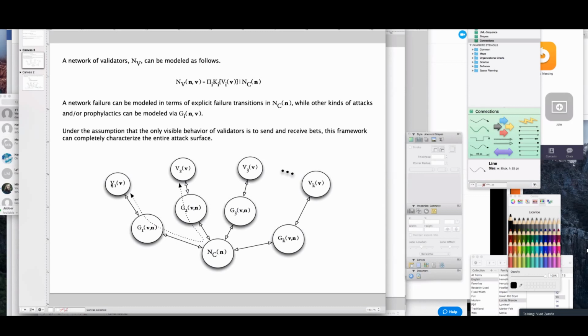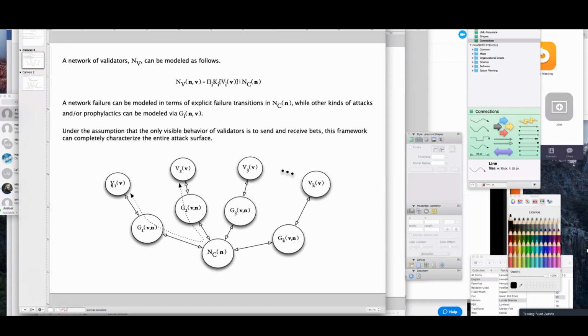So basically, the gates model faulty behavior in terms of failure to send and censorship, i.e., omission of messages. So if the network might route this message to V2, V2's Byzantine gate here might say, no, I'd rather not feed that into my betting function.